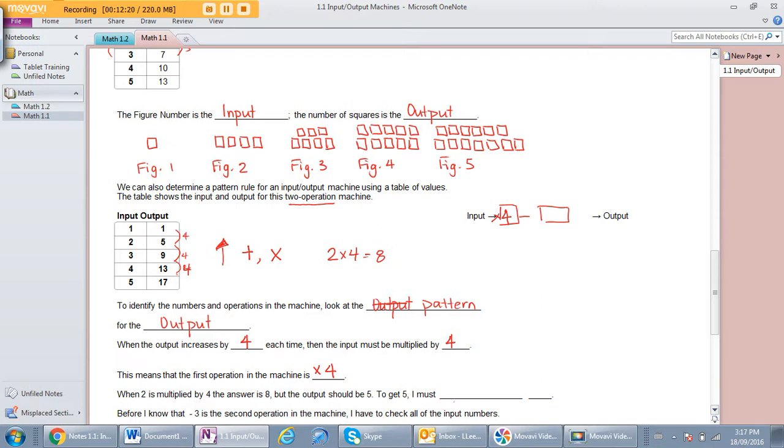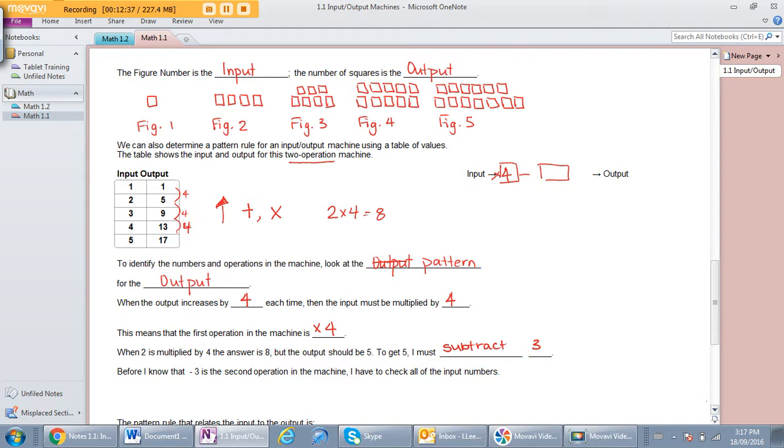And I actually need an output of 5. So to get to 5, I have to think about how I can do that. And probably the quickest way for me to go from 8 to 5 is to subtract 3. And before I know that subtracting 3 is the second operation in the machine, I have to check all of the input numbers.